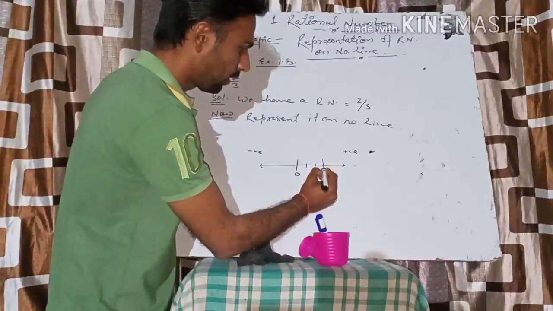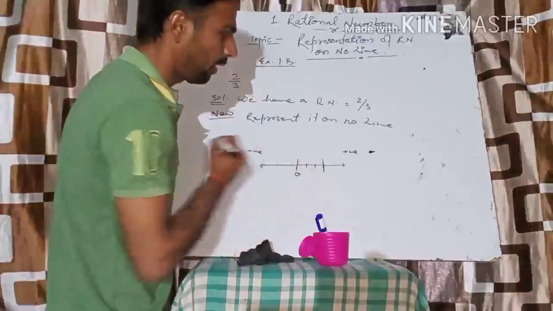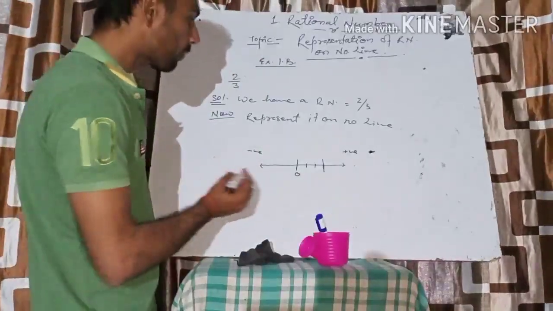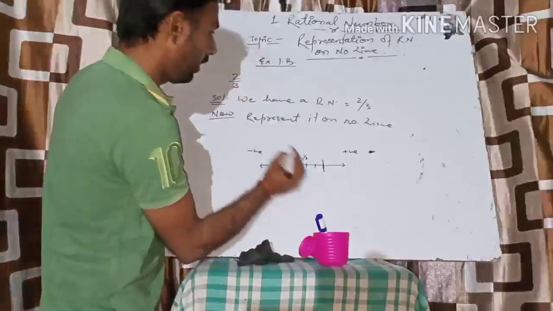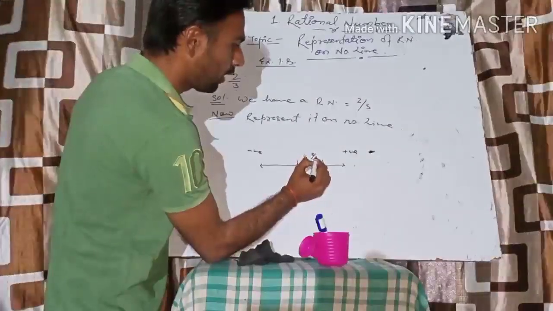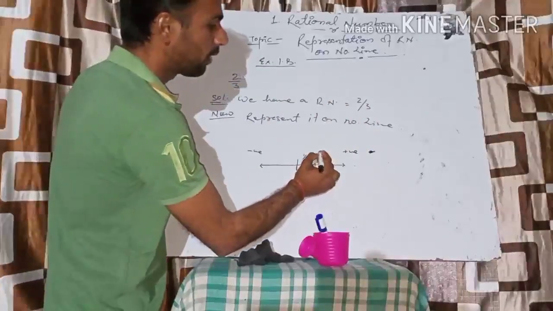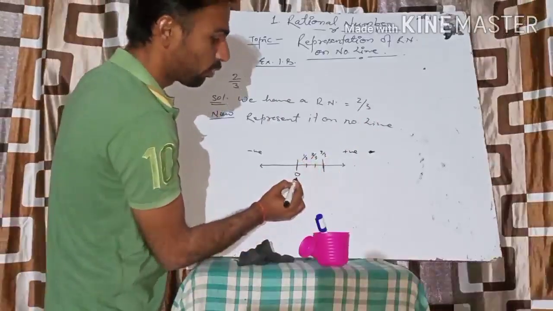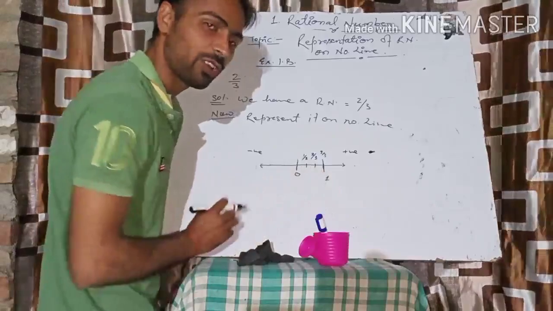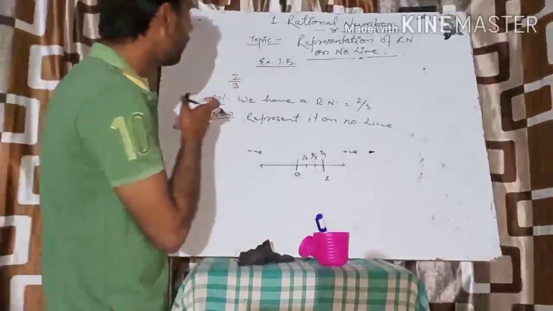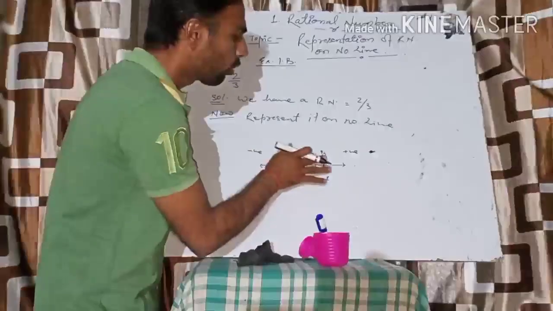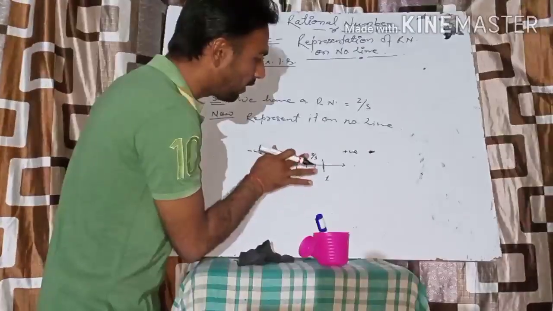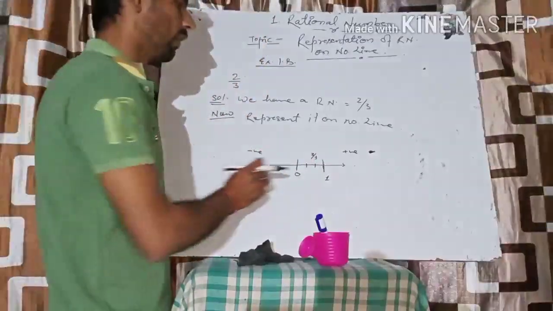This first point will be 1 by 3, then 2 by 3, and then 3 by 3. That is, it's 0, and then it's 1. But we have to represent only 2 by 3 on this number line, so just ignore these other things and represent 2 by 3 here.